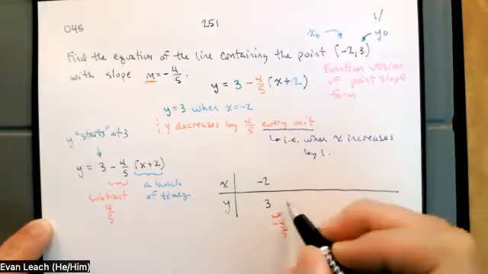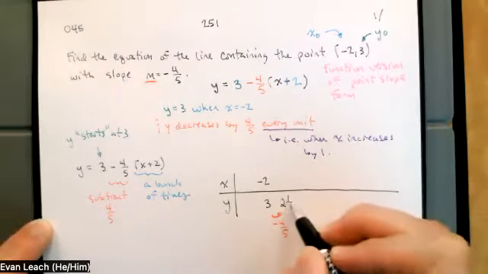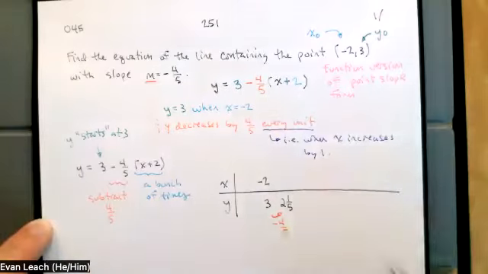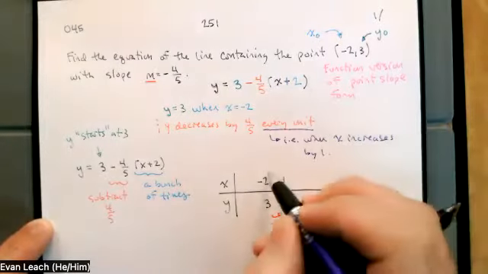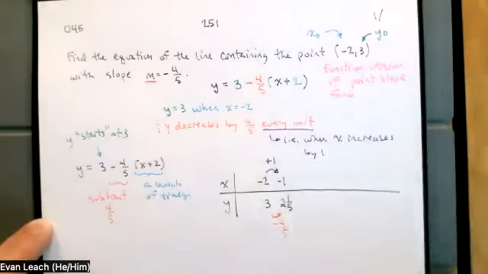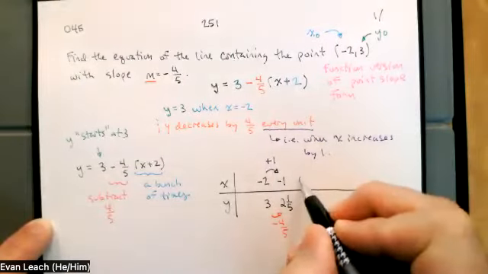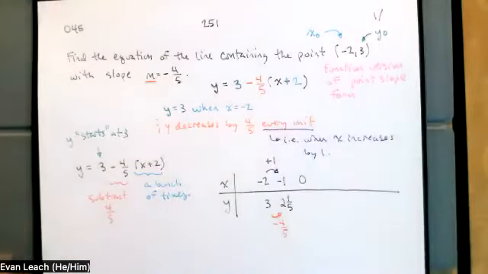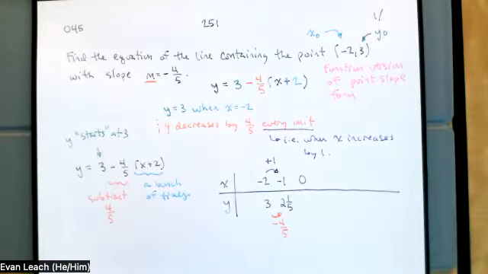So 3 minus 4/5 is going to be 2 1/5. We subtract 4/5 whenever x increases by 1 every unit. So 2 1/5 minus 4/5 is 2 and negative 3/5. Man, that's not how we say that. How do we say 2 and negative 3/5 normally?